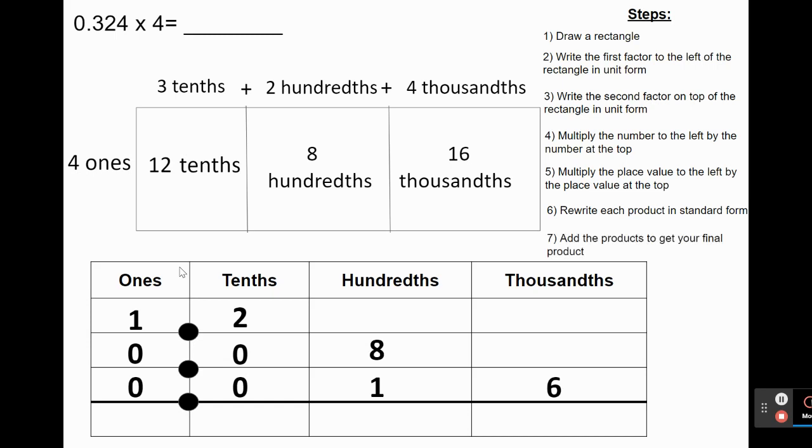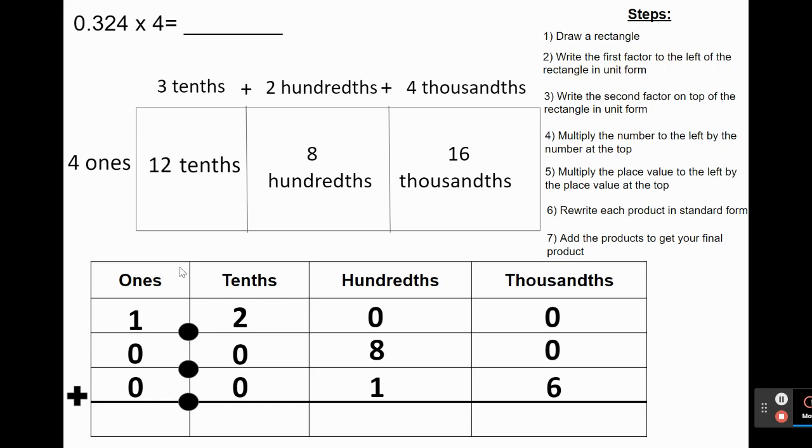Now I'm going to add all of the answers or products to get my final answer or product. So first I need to fill in some of the blank spaces. In 1 and 2 tenths, there's a 0 in the hundredths, a 0 in the thousandths. For 8 hundredths, there's also a 0 in the thousandths.